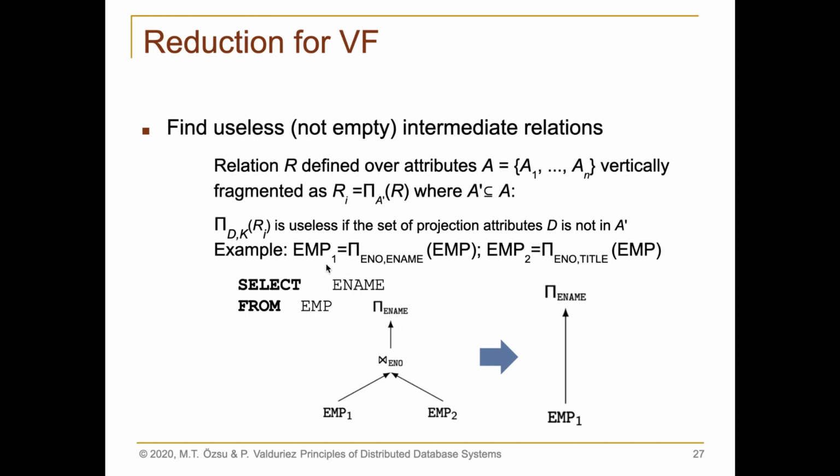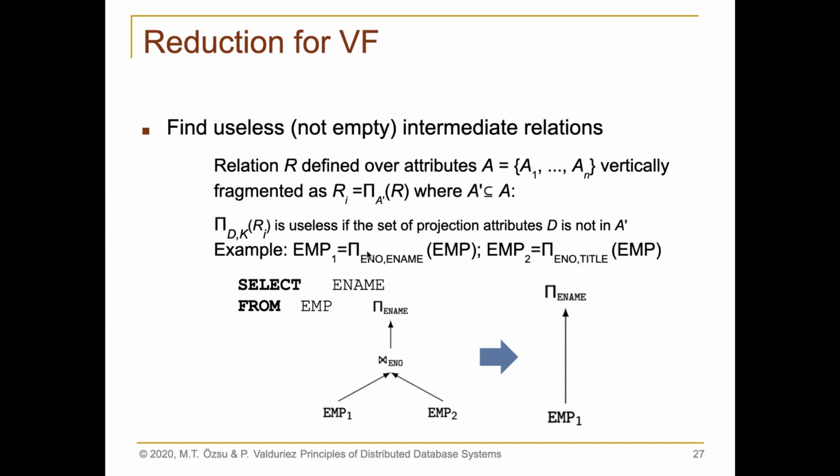But from what we know in our example, employee 1 has only two attributes, which are employee number and employee name, and employee 2 has only two attributes, employee number and title. So you cannot find the projection criteria of the application in the second fragment, which is employee 2.